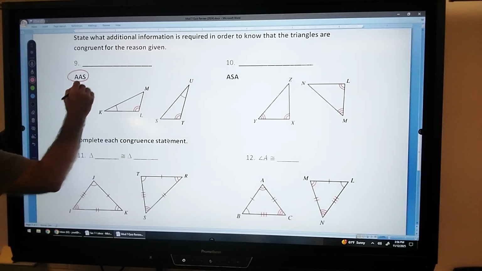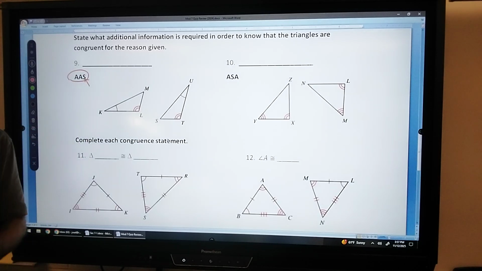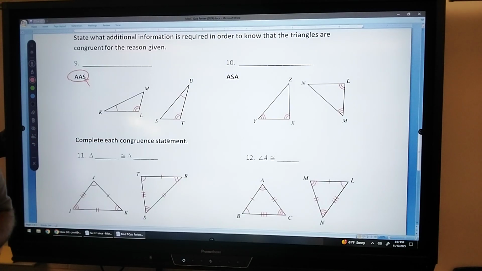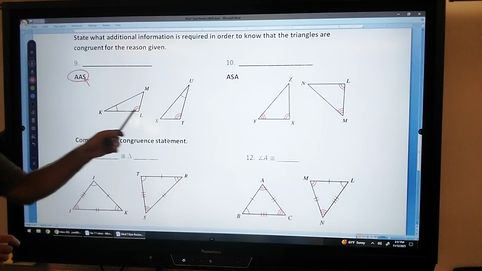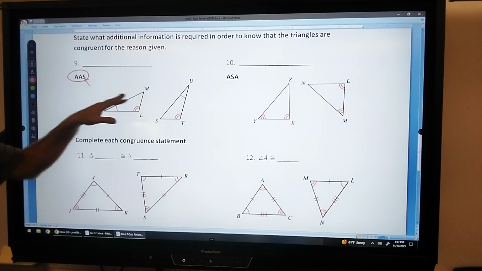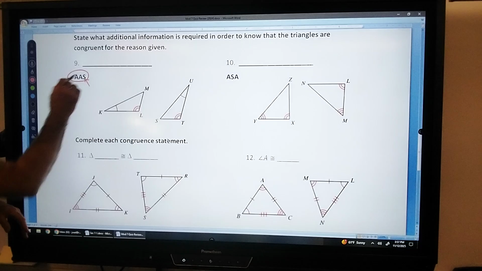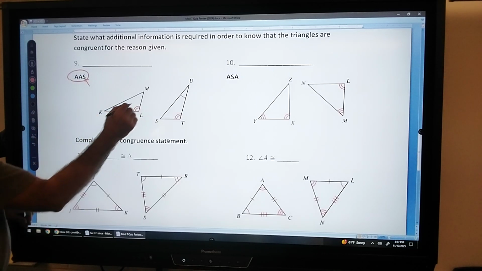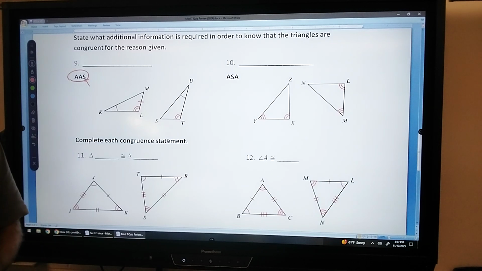So it has the 2 angles, we're missing a side. In this case, the side is not between the 2 angles. So what you're going to do is take one of the triangles, I don't care which, just pick one of them. You're going to give me a side that is not between those 2 and put a slash mark.